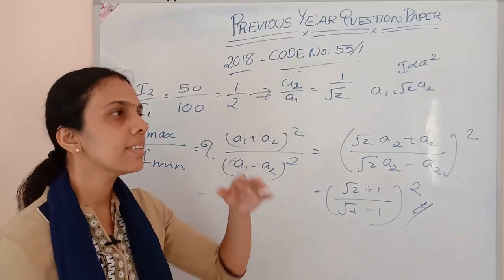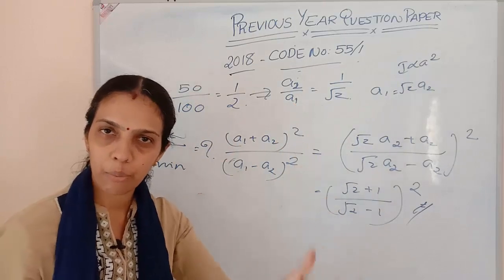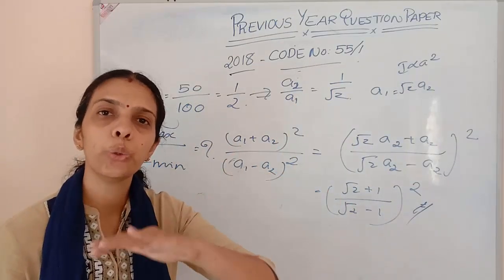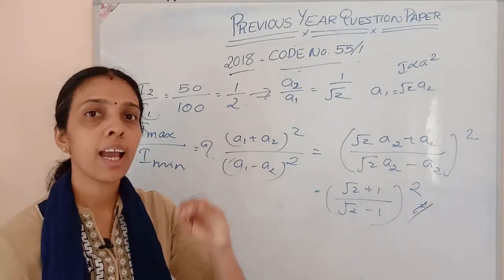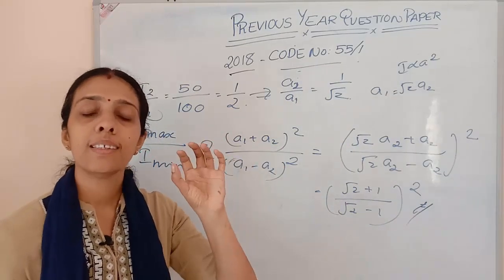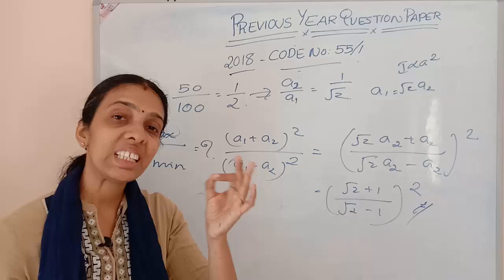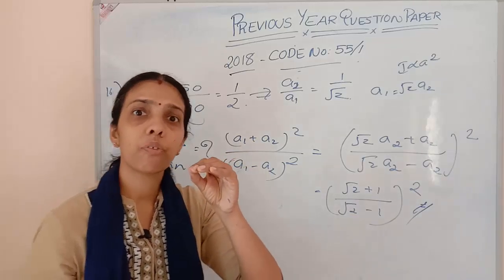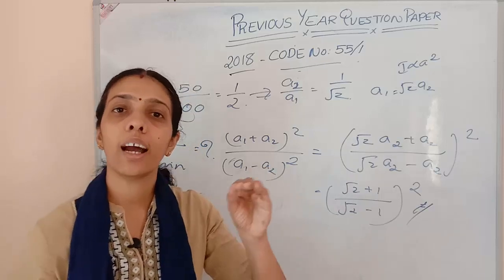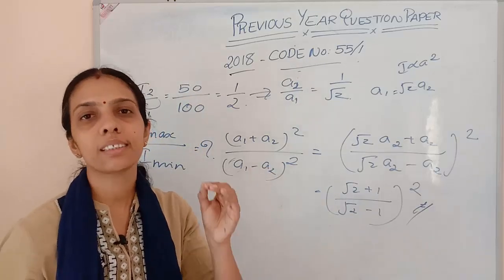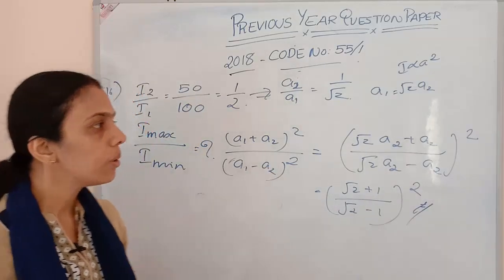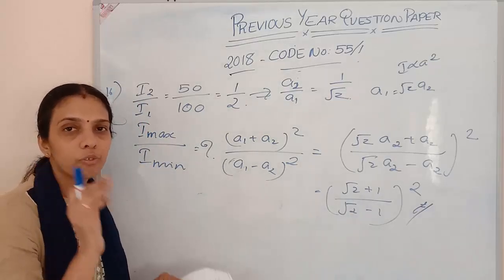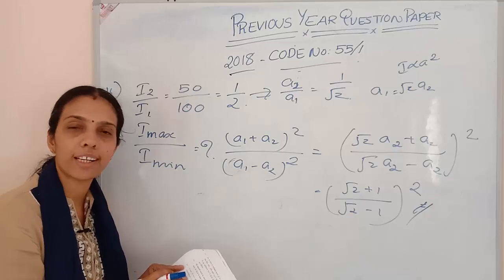Violet will form a number of patterns, and indigo will form a number of patterns. So no clear fringes will form, and in between we can see central bright fringes for each wavelength and some faint patterns on either side of each wavelength. So we should use a single wavelength for getting the interference pattern.